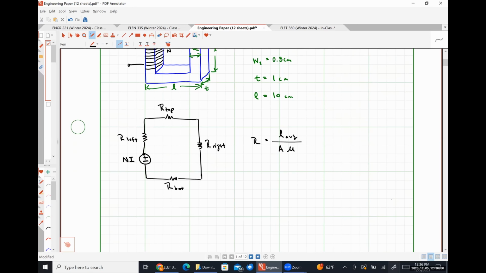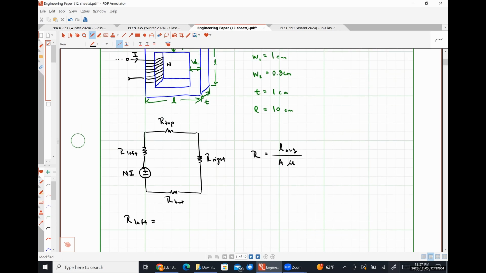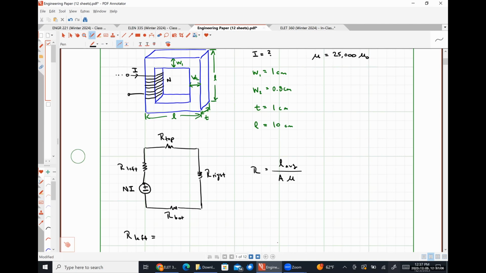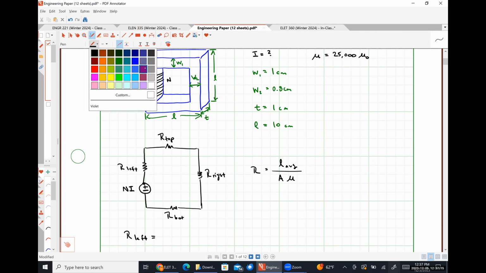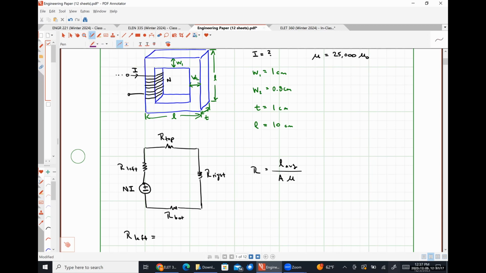So let's deal with the leftmost leg first. So what is the average distance that our flux travels when it goes through the left leg? I'm going to draw this in purple. So this is what that length is going to look like, right?